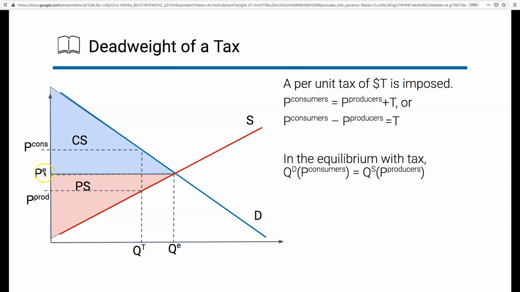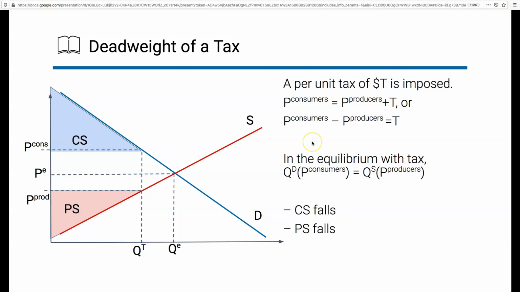What happens in this situation? Well, you can see clearly that consumers are paying a higher price, producers are getting a lower price. So consumer surplus has to fall. Producer surplus also has to fall. And so we can see that a tax negatively affects both sides of the market.